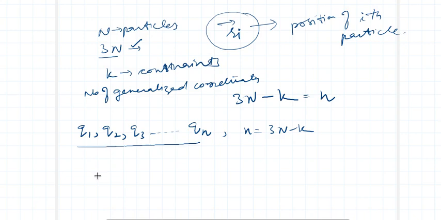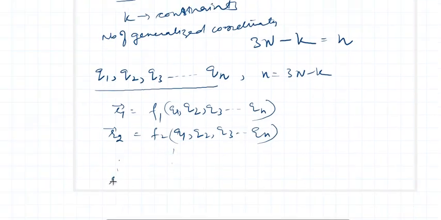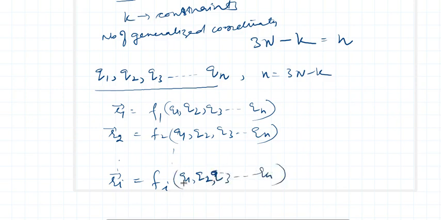So the position vector of the first particle, r1, is a function f1 of q1, q2, q3 and so on up to qn. Similarly the position vector of the second particle can be represented as a function of q1, q2, q3 up to qn, and for the ith particle, it is equal to fi of q1, q2, q3 and so on up to qn.